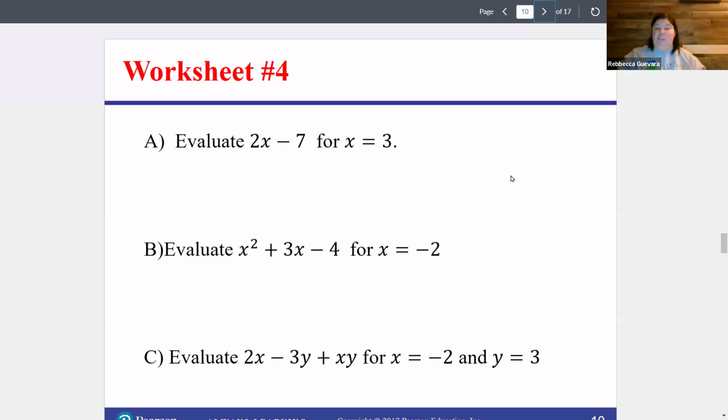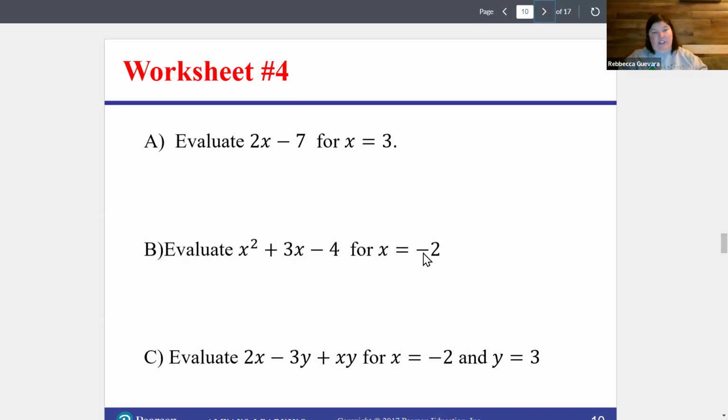Okay, so I made these progressively a little more difficult as we go through, but just on your worksheet. So for number 4, you're just going to evaluate this. So this one, you only have to replace one variable. Here, remember, all of your x's get replaced with that negative 2.